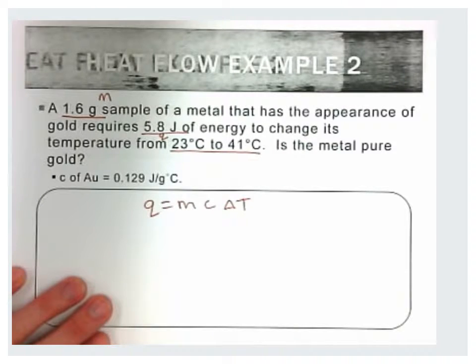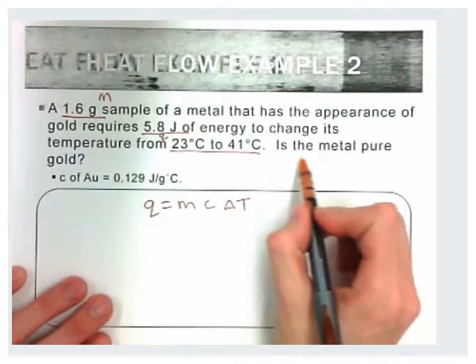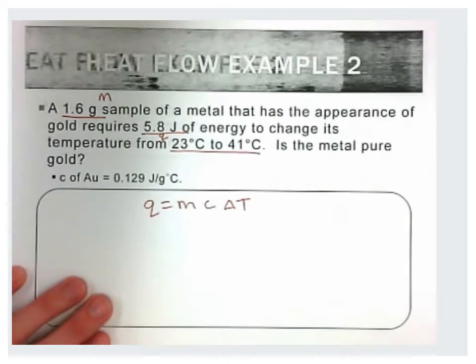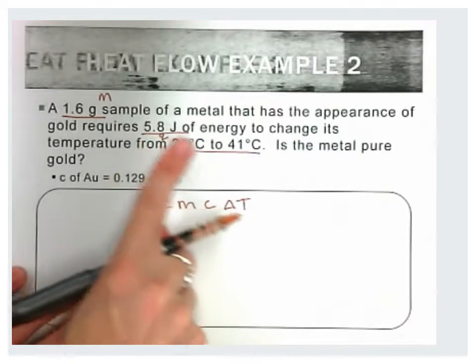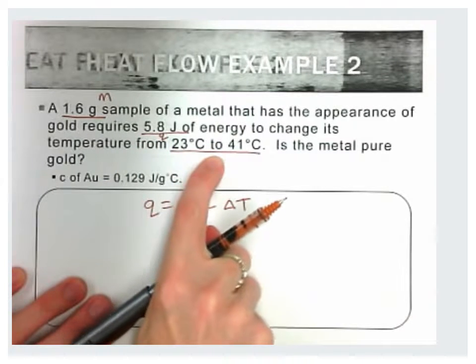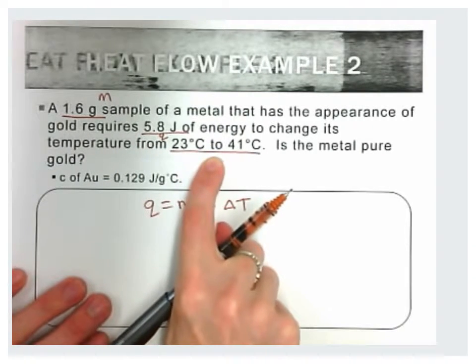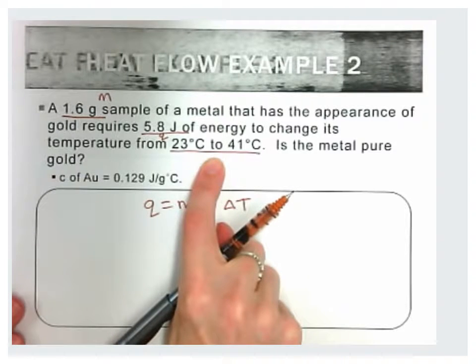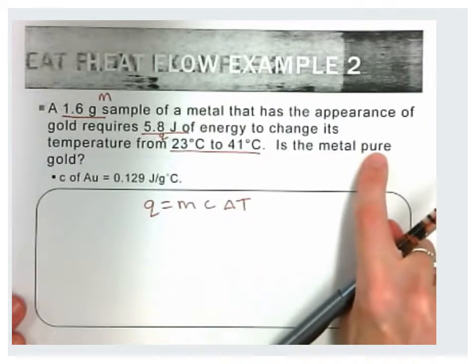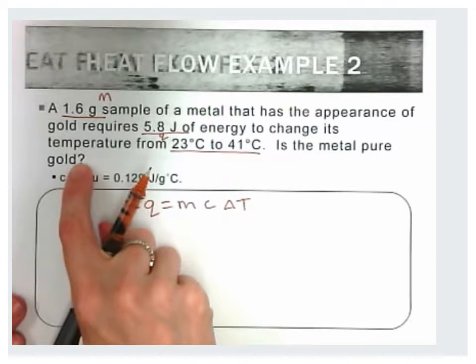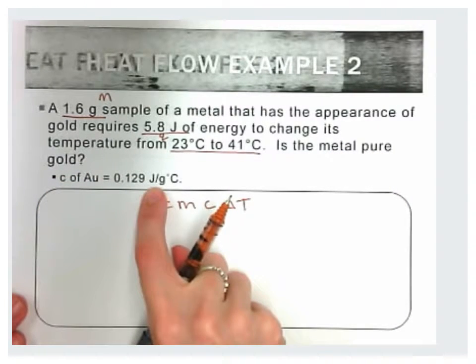That's not my delta T, but it will help me find that number. And you're asked, is the metal pure gold? So based on what I'm given, M, Q, and delta T, what I don't know is C. I'm going to use C to decide whether this metal is pure gold, given what I know about gold.